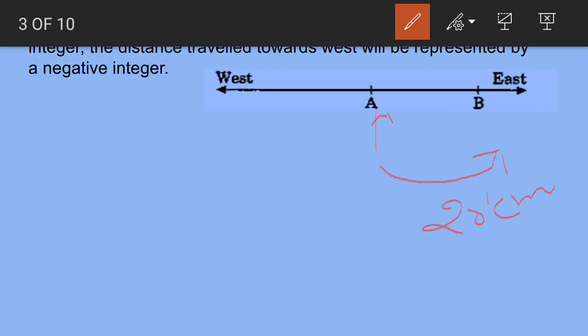Again from point B she moves towards west 30 km. Now her final position is here. You have to find the distance between the initial position A to her final position, this one here. So this distance you have to find.